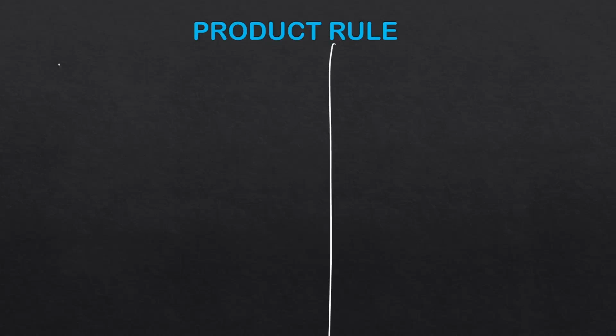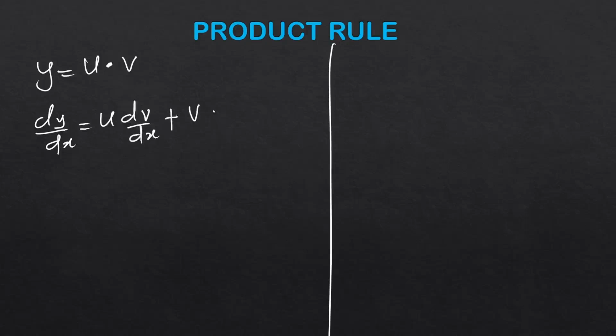And under product rule, let's assume you have a function given as y is equal to u multiplied by v. When I say this is the dot product, which is multiplication, and you're asked to find dy/dx, or the gradient, dy/dx is going to be given as u dv/dx plus v du/dx.